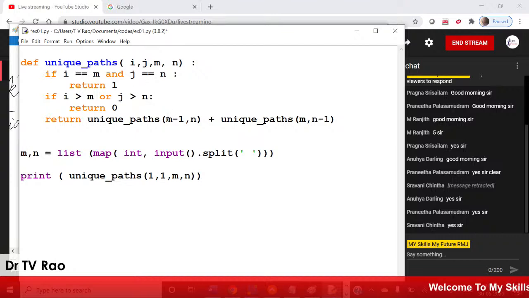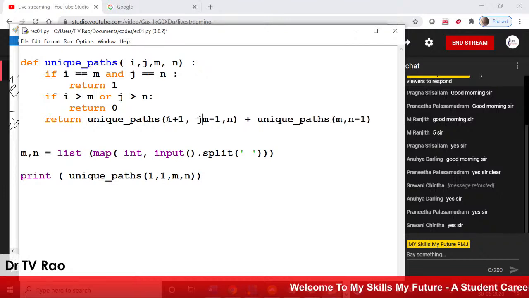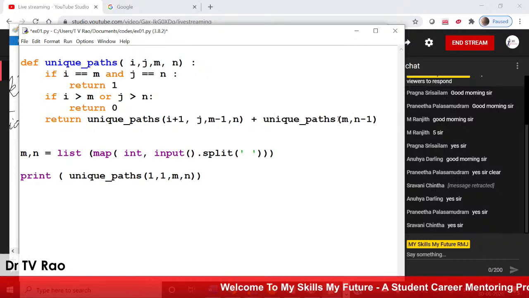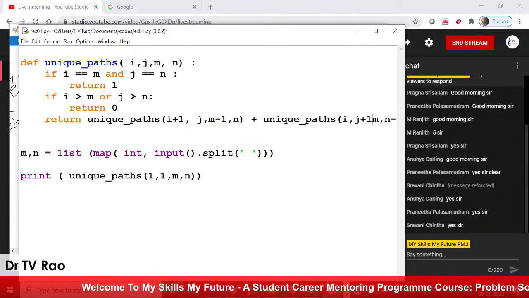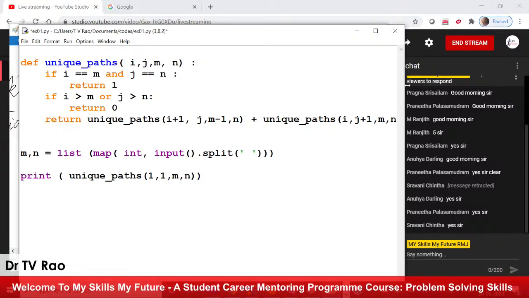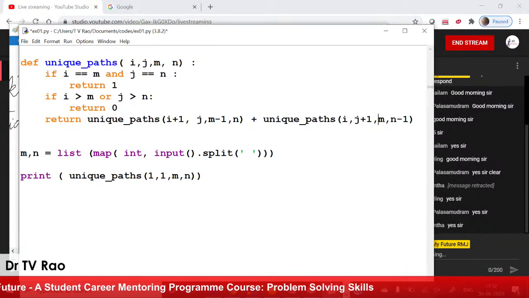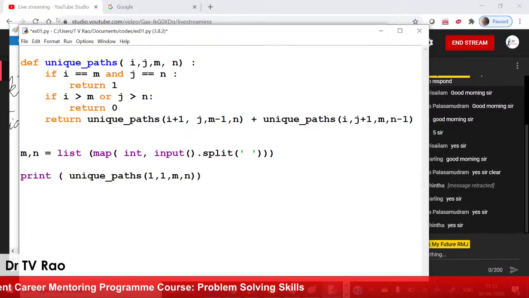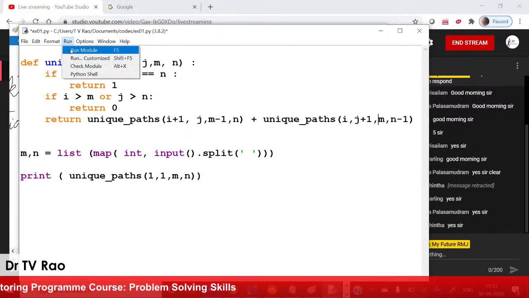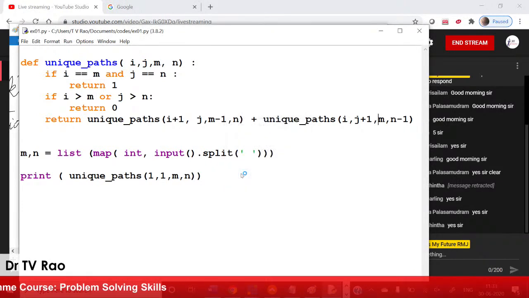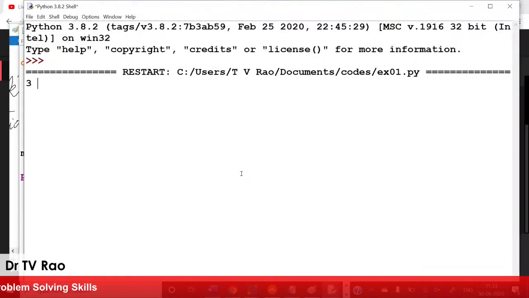Now this is going down and this is going right. Now check.